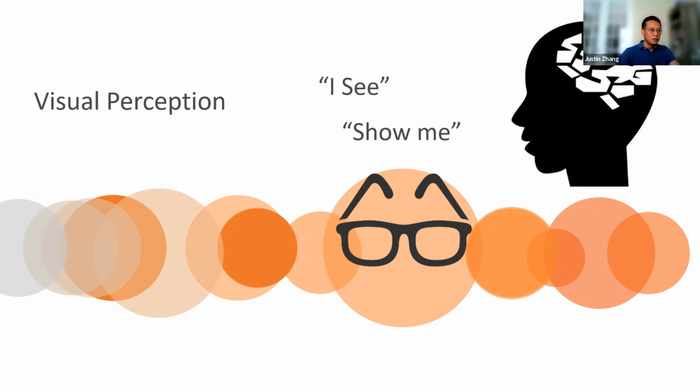This is important because it will help us understand how our minds work and how we actually use our visual perception to understand data, especially the visual data being presented to us. This will help guide our design in our future data visualization projects.